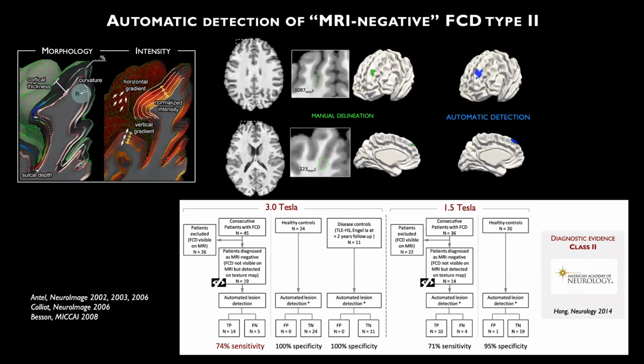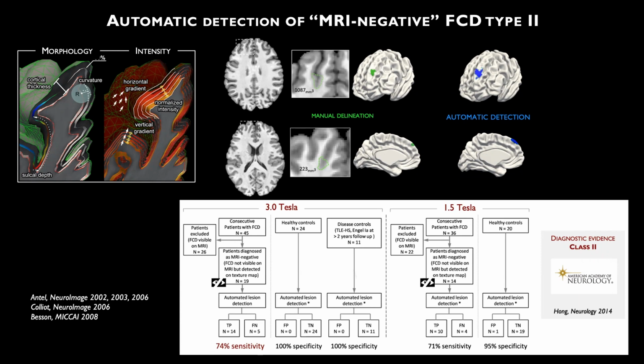Our algorithms have initially relied on morphology and intensity features derived from T1 weighted MRI. Features such as cortical thickness and sulcal depth are sampled along gray matter surfaces. Intensity features and gradients, modeling blurring, are sampled along multiple surfaces within the gray matter and the gray-white interface, and in the immediate subcortical white matter.